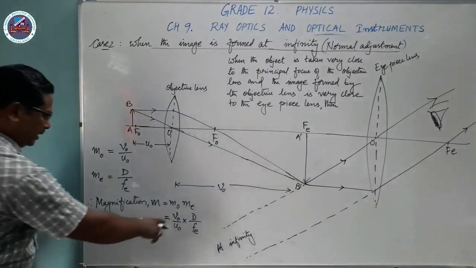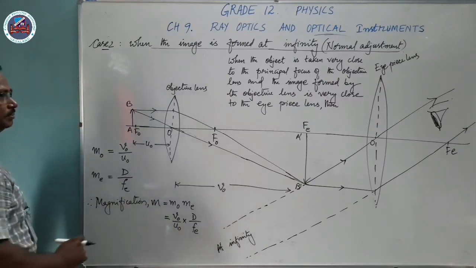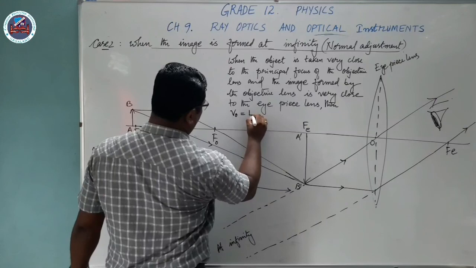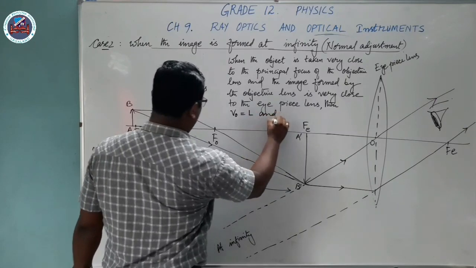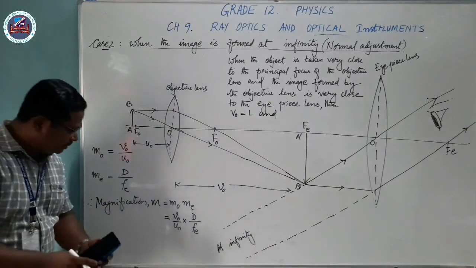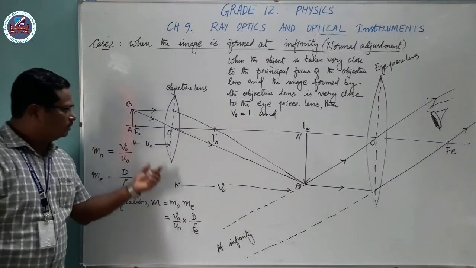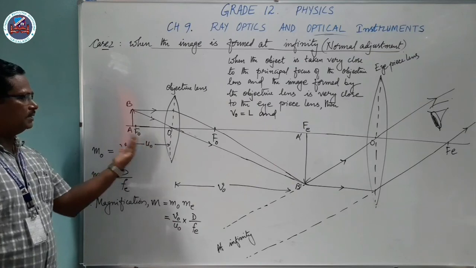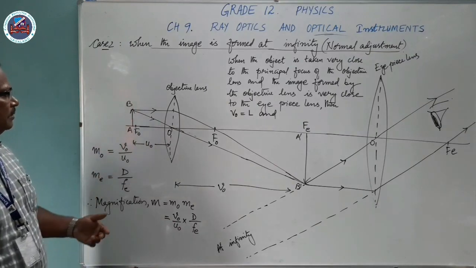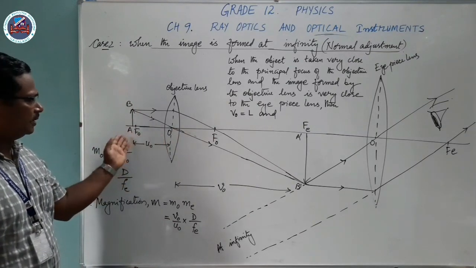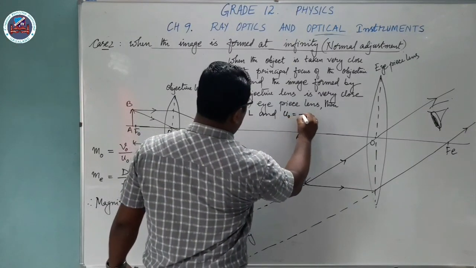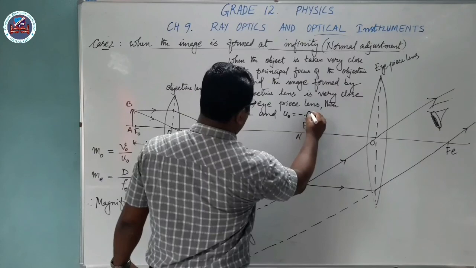So we can write V0 as the length of the tube, L, and U0, this object distance, will be nearly equal to the focal length of the objective lens, and it is on the left hand side, so we take U0 as minus F0.